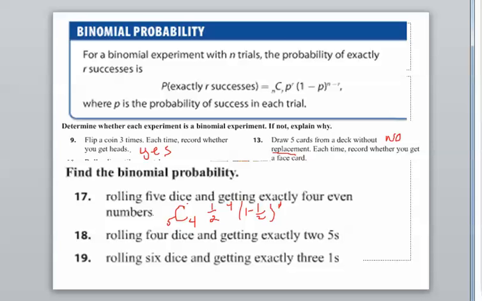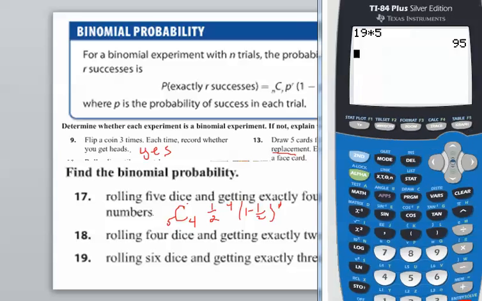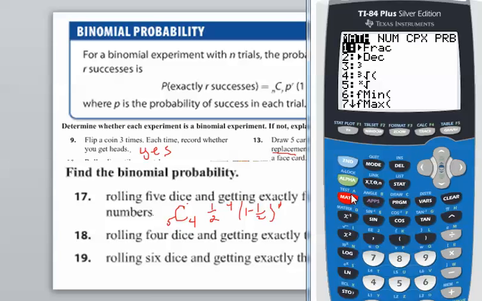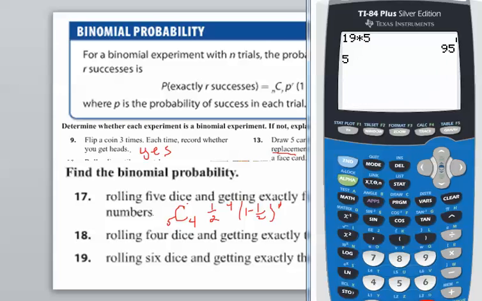So let's do this on the calculator real quickly, just to show how this one is done. I'm going to press 5, then press math, go over to PRB, and pick number 3 for nCr. Then I'm going to press 4 and hit enter.